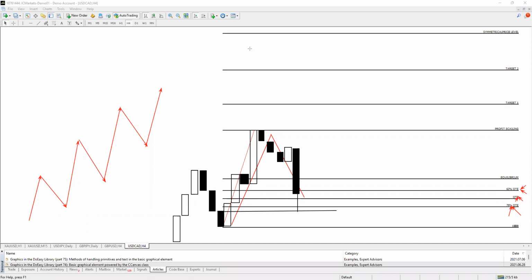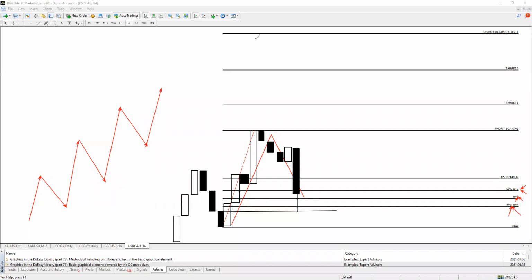Right now, as I said, you don't just enter a trade when you see price getting to a Fibonacci level or this order block level. You need to see an order block in a smaller time frame. So assuming this is a 4-hour chart, you need to see a breaker in a smaller time frame, maybe 15 minutes, right?